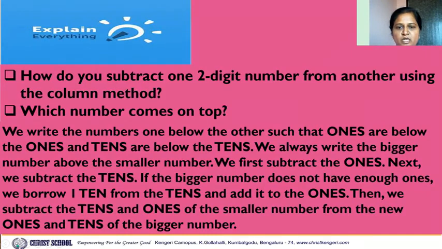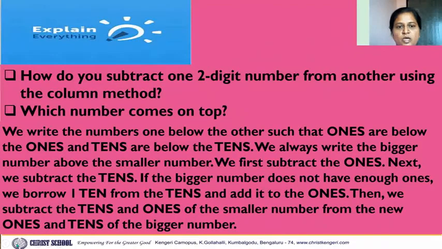If the bigger number does not have enough ones, we borrow 1 ten from the tens and add it to the ones. Then we subtract the tens and ones of the smaller number from the new ones and tens of the bigger number.